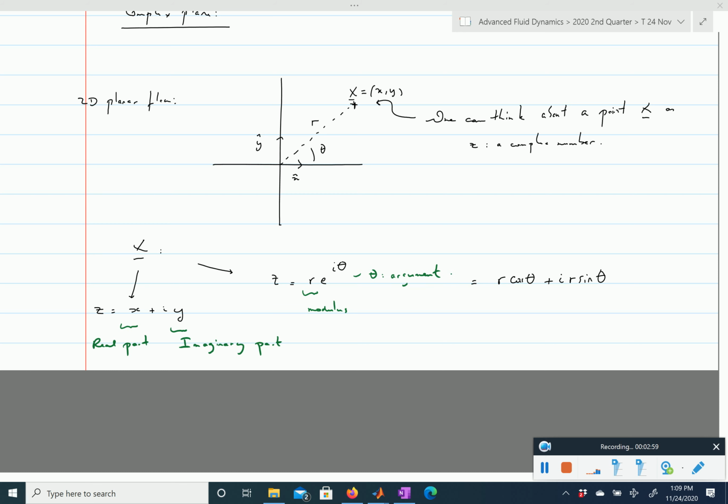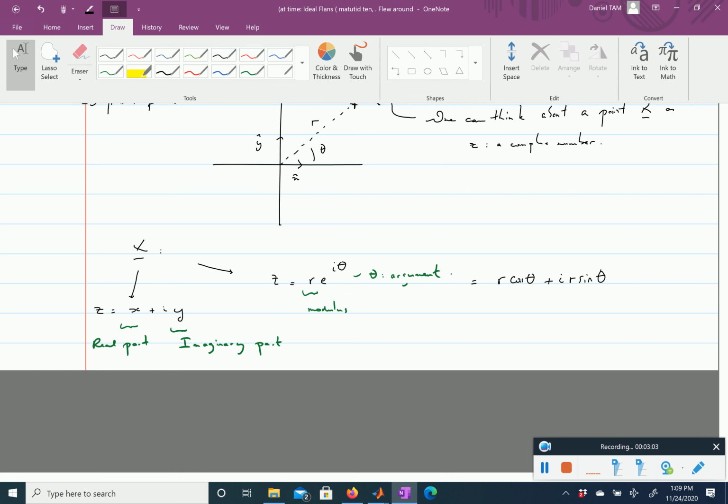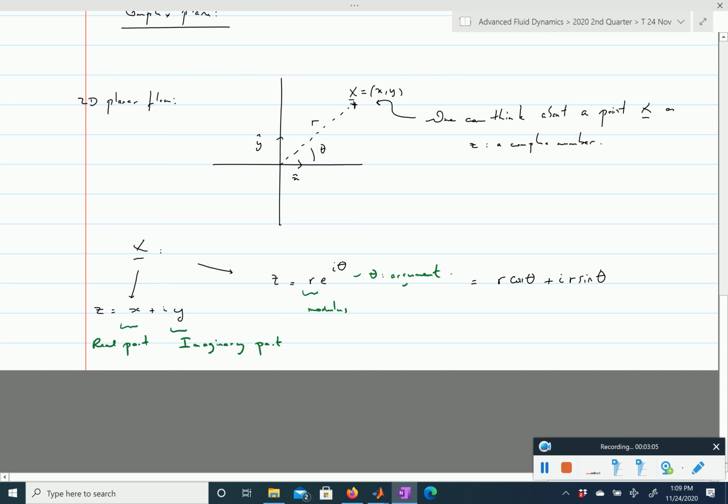All right, and the reason why we're going to introduce the complex plane here is because of mathematical tricks, essentially. And that is, given the complex variable, you can define a function, let me call this function omega, as a function of the complex variable. So you could pick the function, for instance, z squared, right?